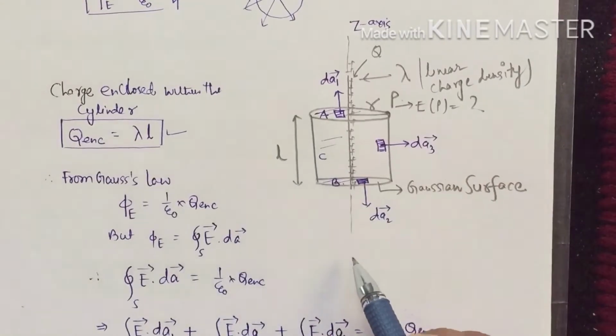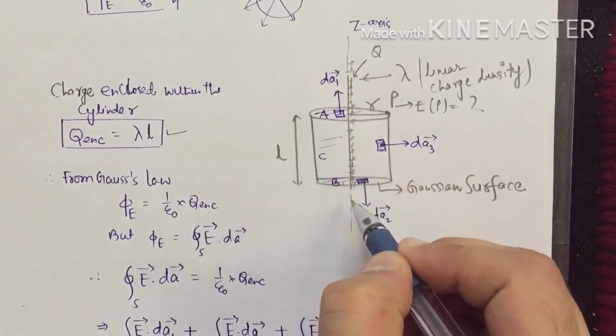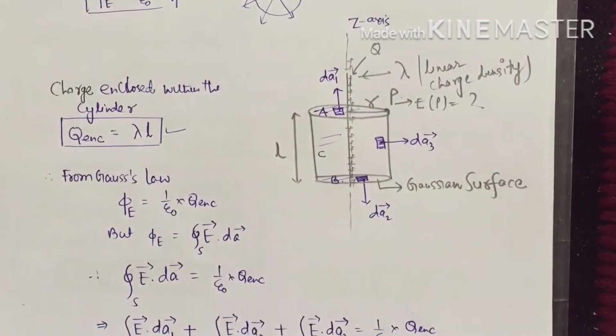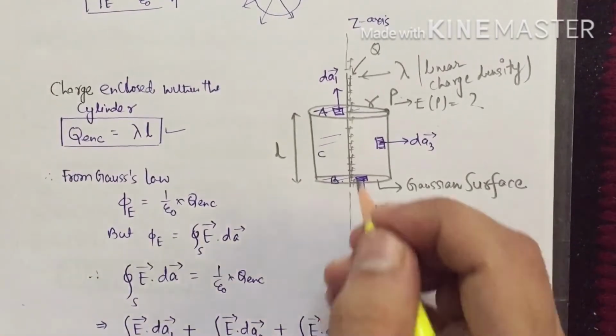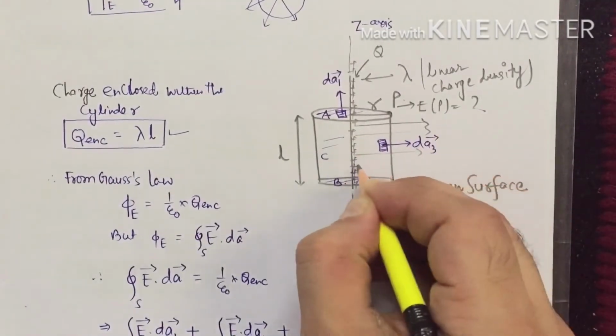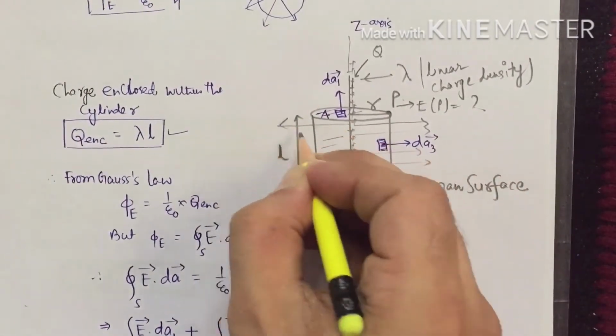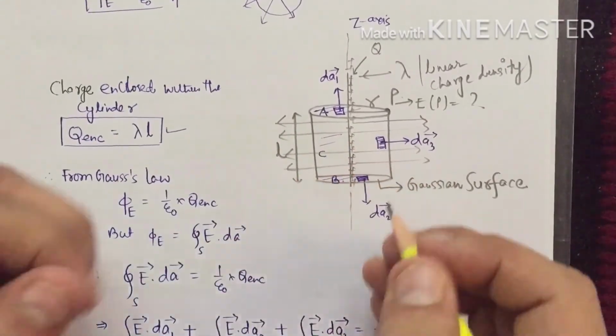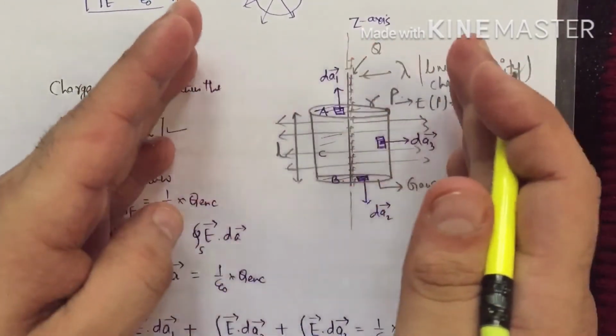Now due to this charge distribution, since the charge distribution is positive, the electric field lines will come out from the surfaces like this. So the electric field lines will come out from this curved surface.